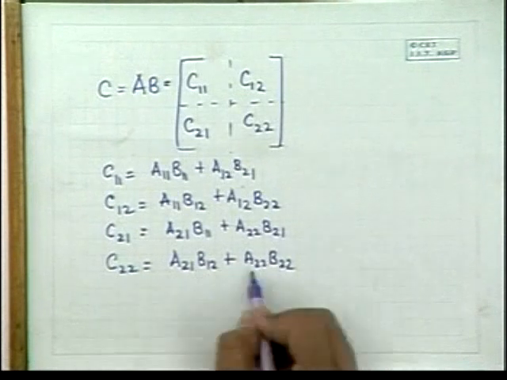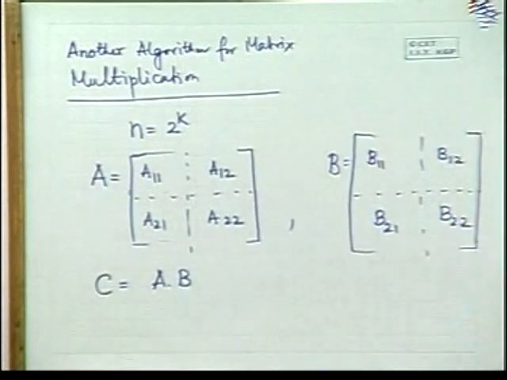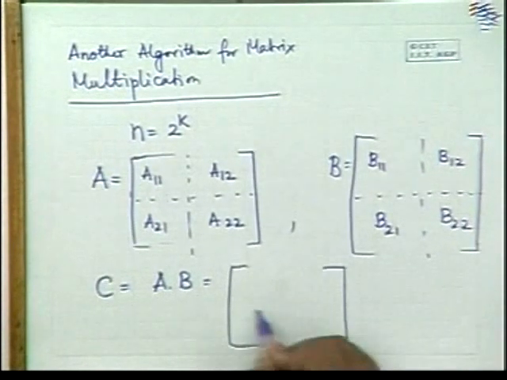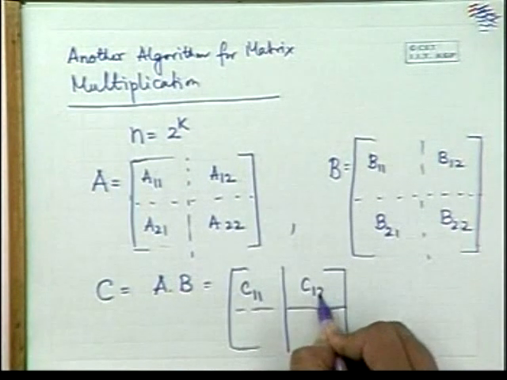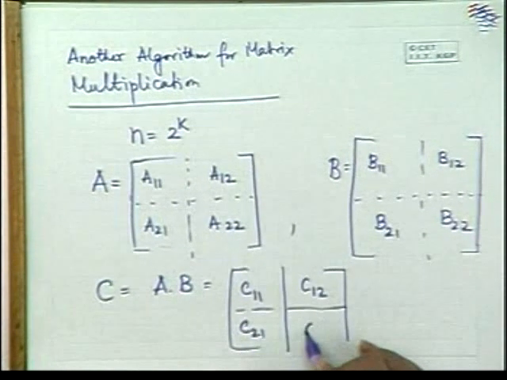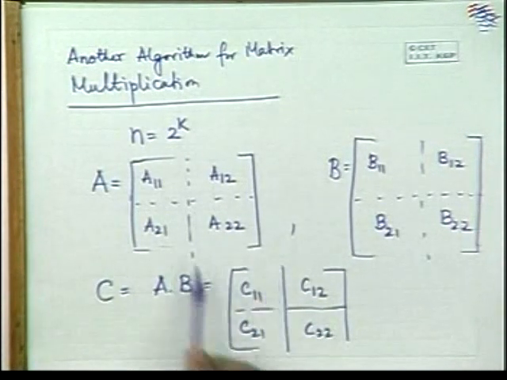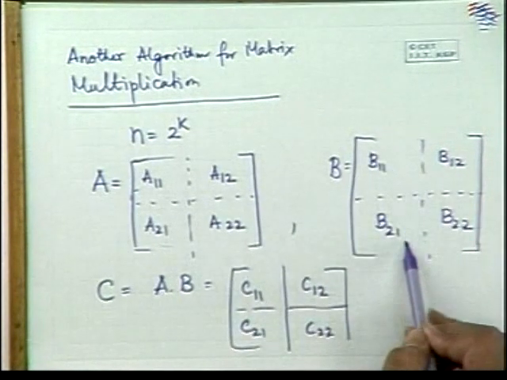How are we getting each element? Let me go over the previous slide a little bit, then it will be clear. So we are trying to get C. So C looks like this. Again I divide. So here this is C11, this is C12, C21, C22. So I should be getting this element by multiplying this row by this column.